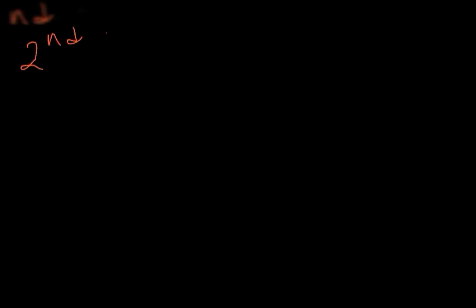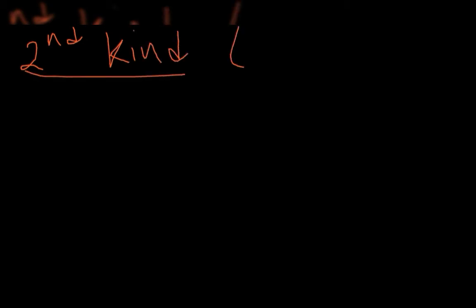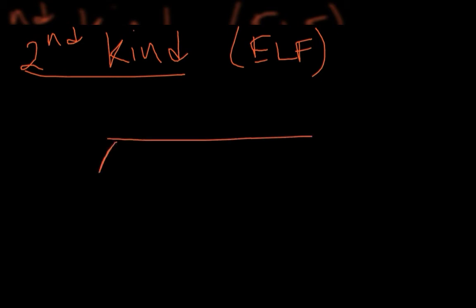Levers of the second kind, what do we call them? We call them ELF, like in Harry Potter, elves. So what happens here is the fulcrum is on one side, the effort is on one side, and the load is in the middle.